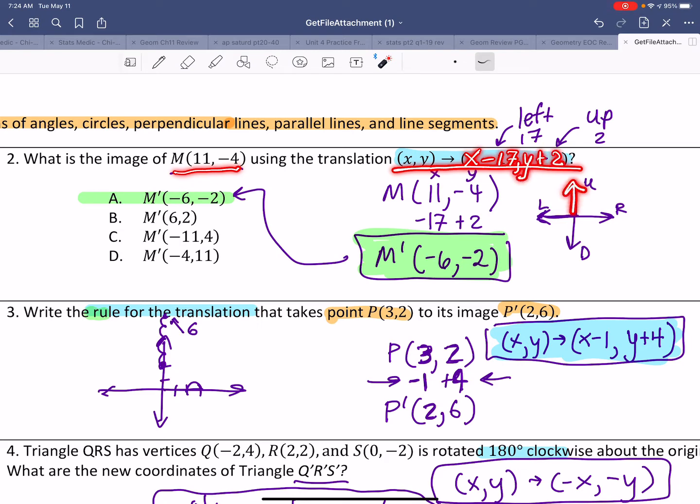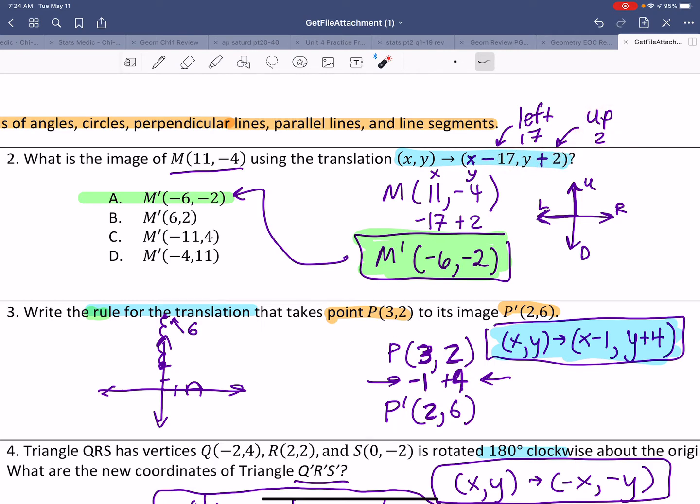We know from our coordinate plane that when we go this direction to the right, our x value is going up, and to the left, our x value is going down or negative. As well, when our y value goes up, that's positive in our y, and when it goes down, that's negative in our y. So we see here they're asking us to move it left 17 and up 2.